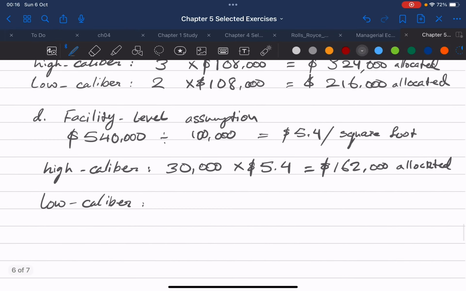So we're going to use that. 70,000 square feet multiplied by $5.4. Run the numbers. That's 378,000. Allocated.